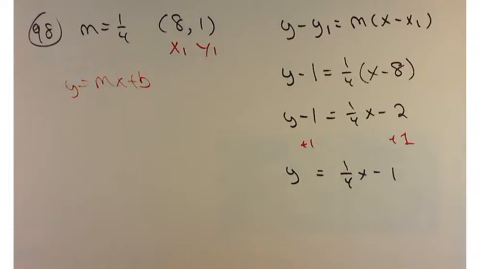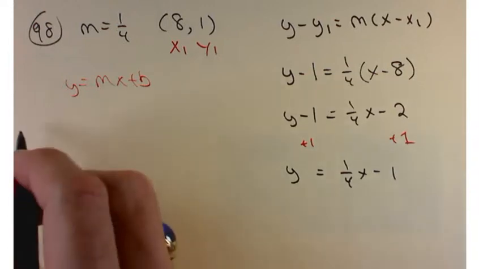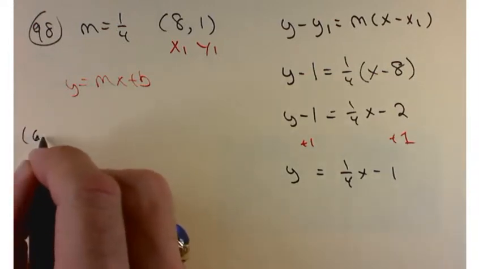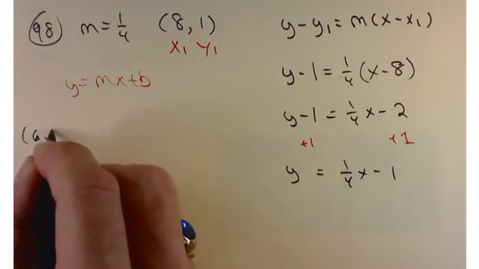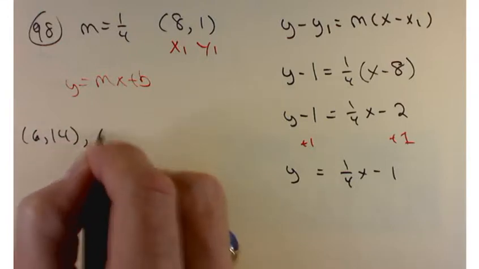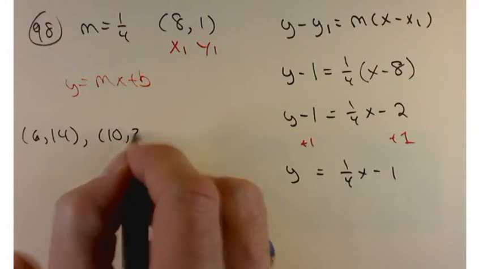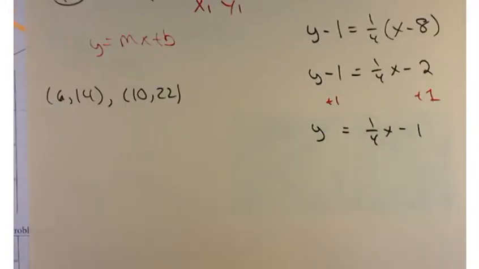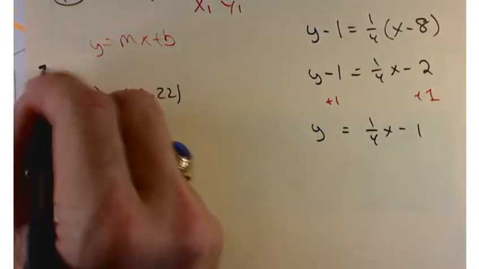Okay, let's continue. Let's move on to finding an equation of a line between these 2 points. We'll talk about the application in a little bit. But if you have the points (6, 14) and (10, 22), what if I ask you to find the equation of a line between these two?